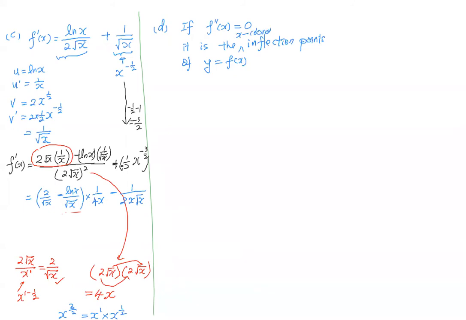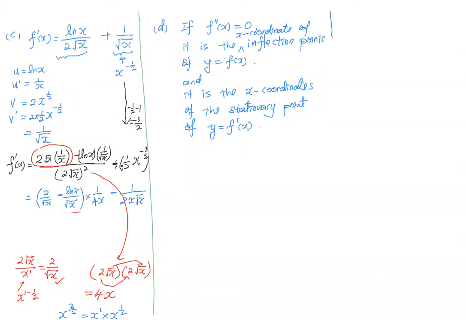X coordinate of the inflection point of y equals fx, and it is the x coordinate of the stationary point of y equals f prime x, because it is the rate of change of rate of change.